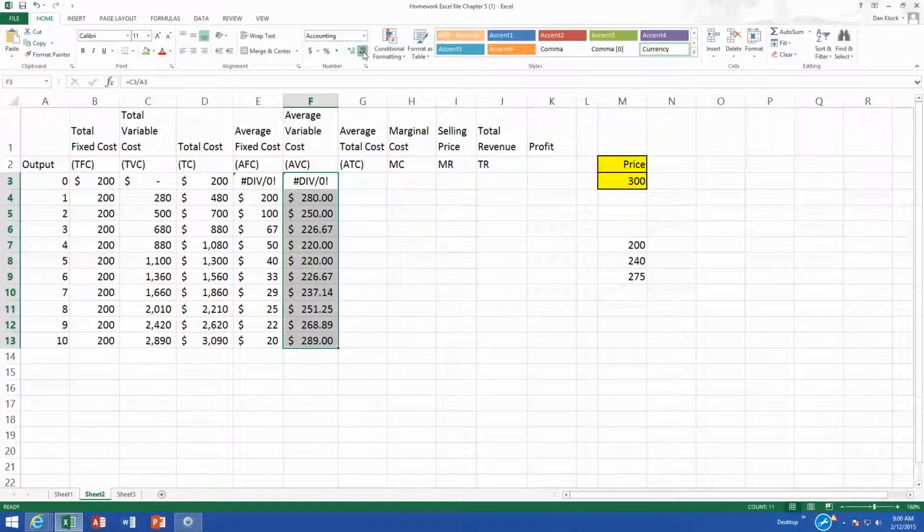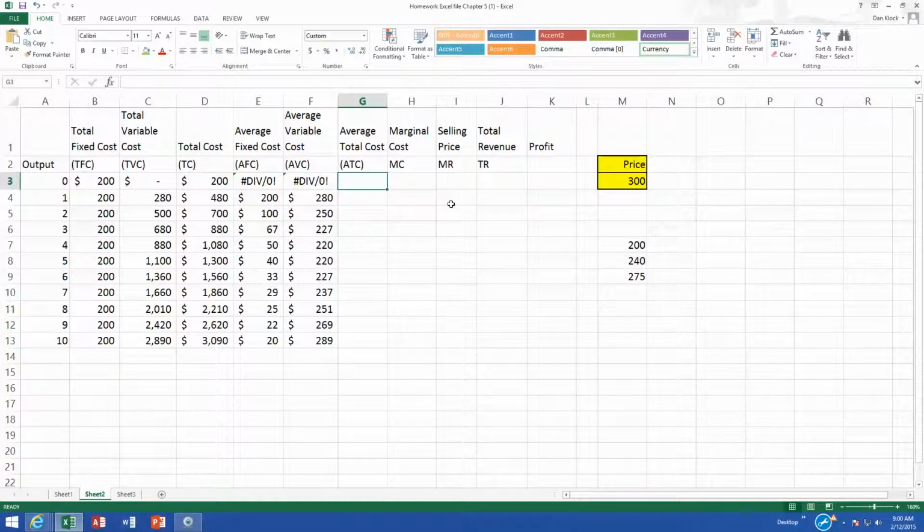Gotta do each one. And then the average total cost. What's the average total cost at a certain amount of output? I take my total cost here, D3, divided by my output A3, and again I just throw this down.